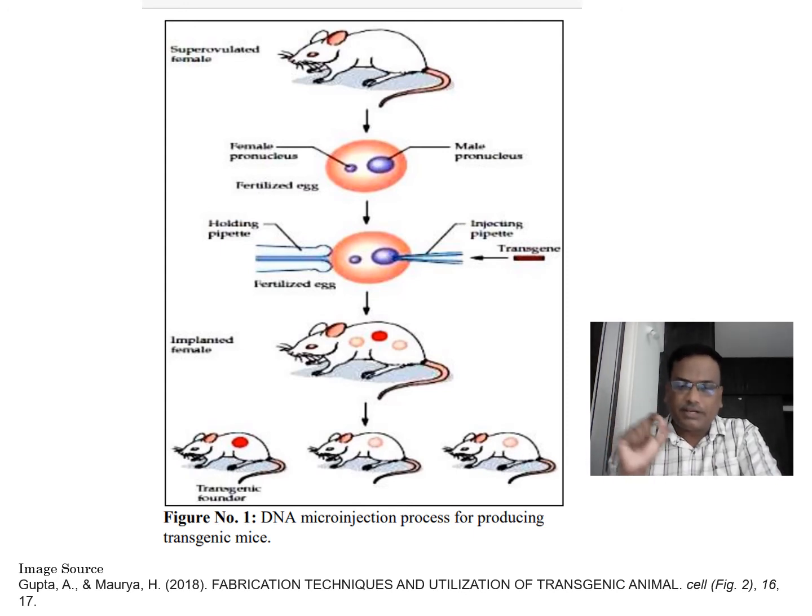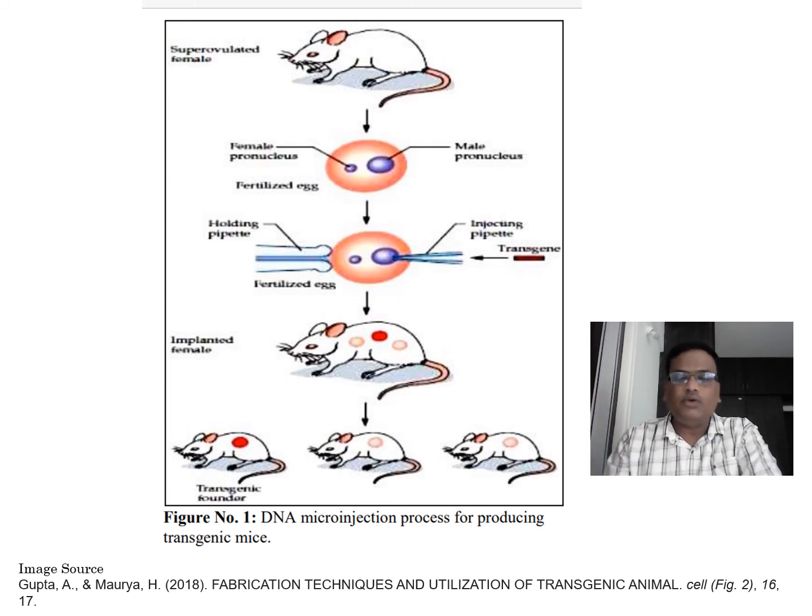In the first method, DNA microinjection, they take a fertilized egg and inject the gene of interest from another organism. The transgene is the gene from the other organism, and they inject it into many fertilized eggs.